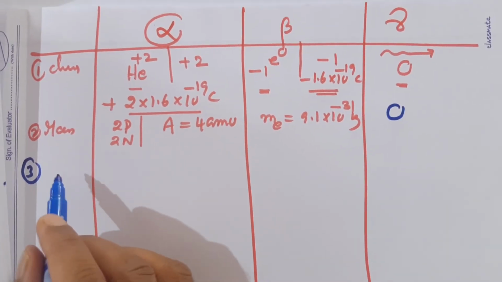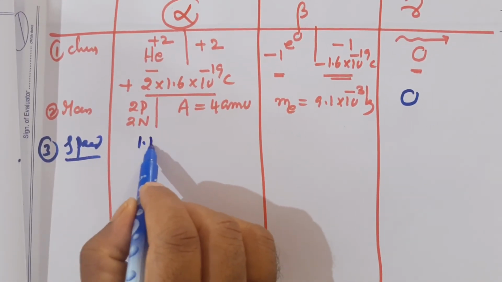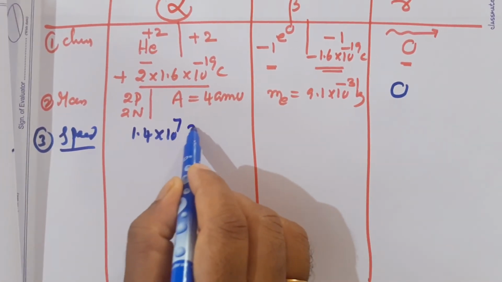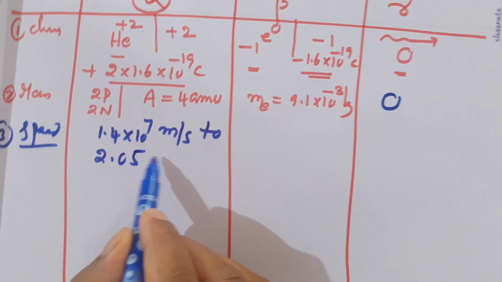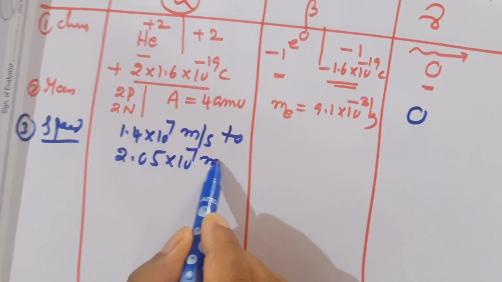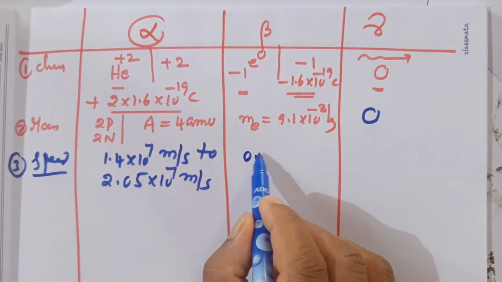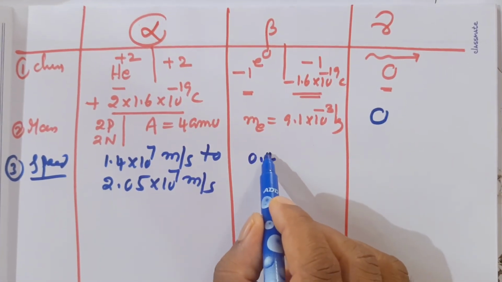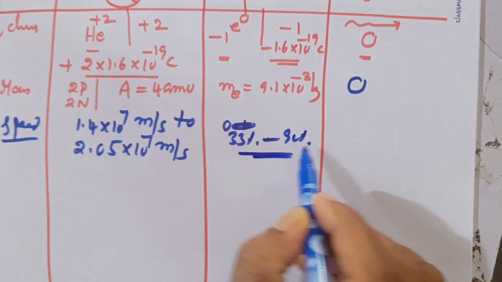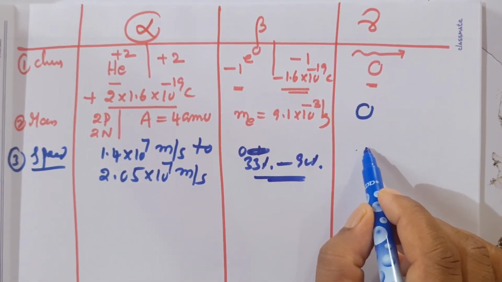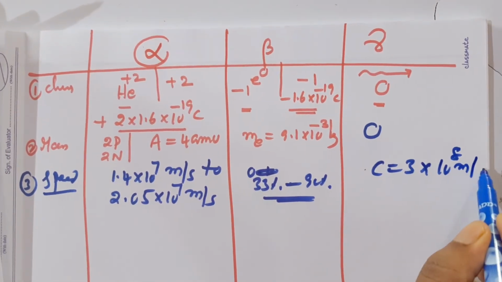The third point, the speed. The speed of alpha particle ranges from 1.4 into 10 power 7 meter per second to 2.05 into 10 power 7 meter per second, right? Beta particle speed is 33% to 90% of the speed of light. Gamma moves with the speed of light c, that is 3 into 10 power 8 meter per second in vacuum or free space.